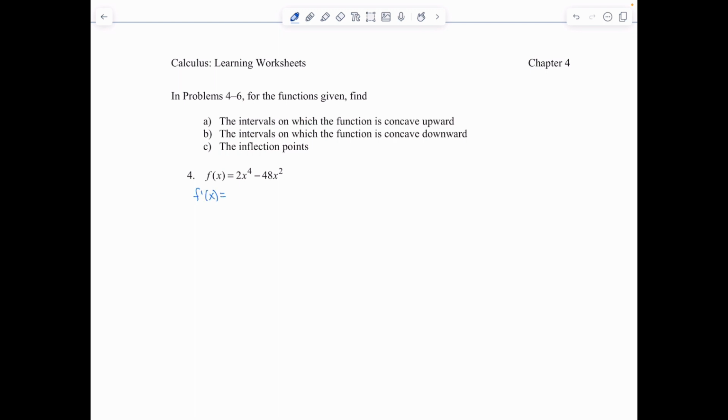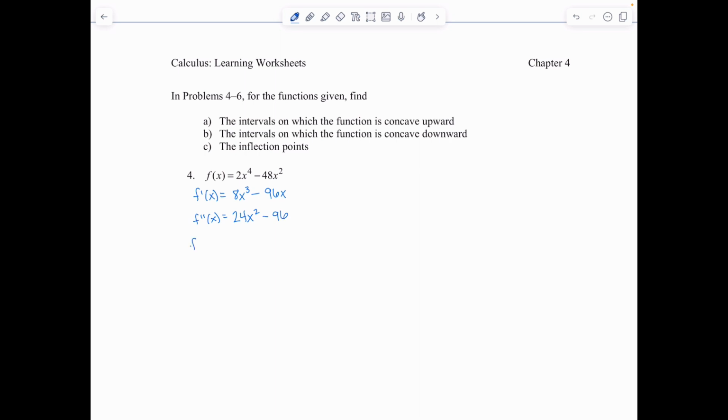So our first derivative will be derivative of 2x to the 4th, so we have 8x cubed. The derivative of 48x squared, so we have 96x. Our second derivative of 8x cubed, 24x squared. Derivative of 96x, 96.